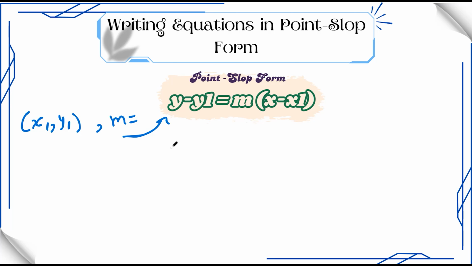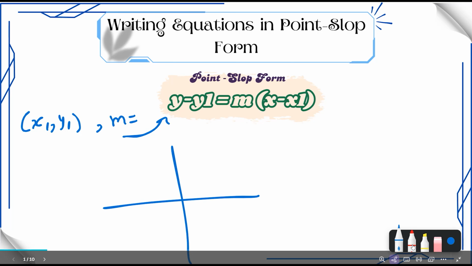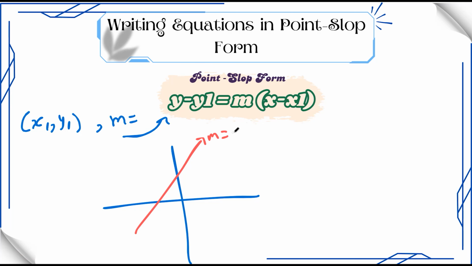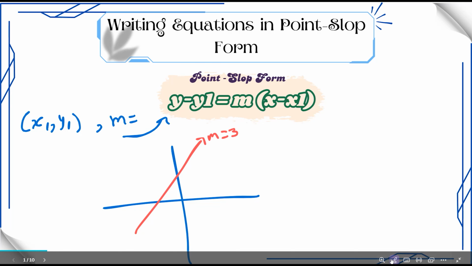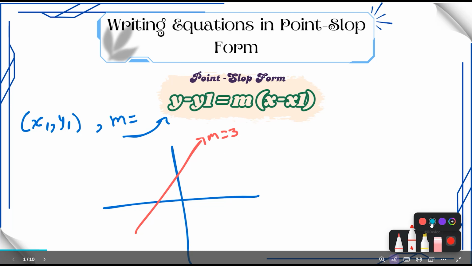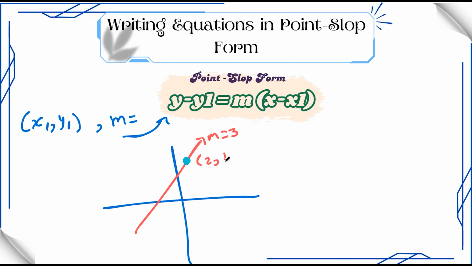For example, if you have a line drawn like this, and they give you the slope of this line, for example, the slope equals 3, and this line passes through the point 2 and 4, how can we write the equation in point slope form?